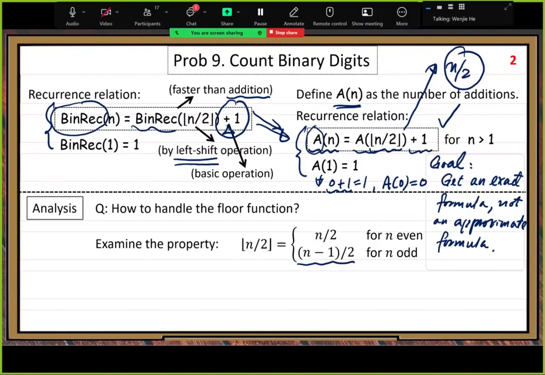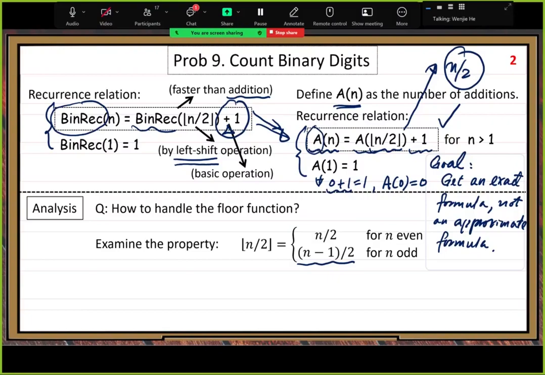So here we have two cases we need to consider, right? In your solution, you need to consider these two cases. So the question is, which case do you want to work on first? The first case or the second case?